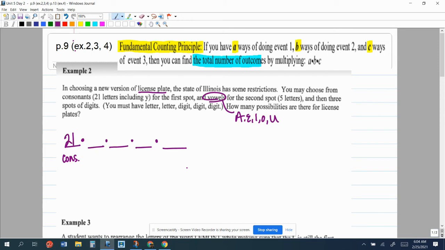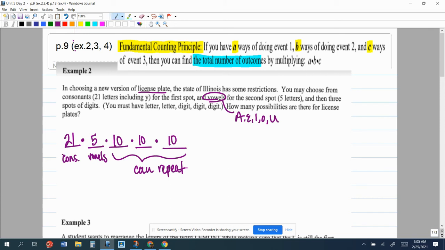In the second location, we can only put vowels. So 5. And then we have digit, digit, digit. I'm going to put here that they don't say that it can't repeat. So I'm going to make sure that I write can repeat. And there are 10 digits in our numerical system of base 10. So this would be 10, 10, and 10.